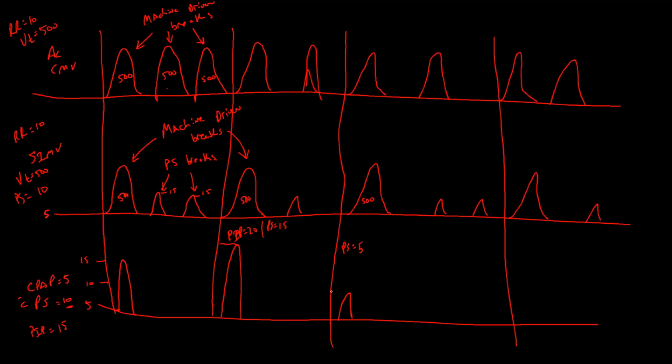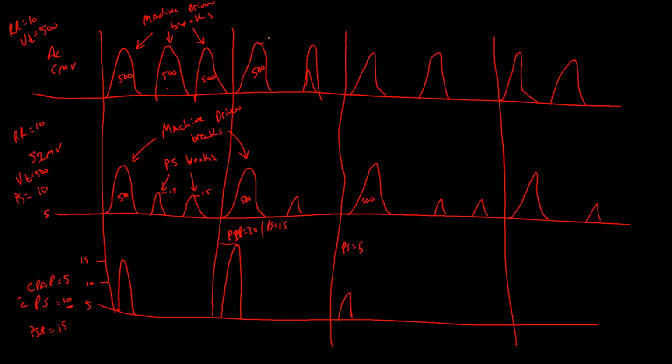Okay, so if I am in assist control, let's work in the second box for a second. I have this set at 500 cc's, right? Yep. Okay, but I can look at the ventilator and see what the peak pressure is, even though I'm not setting it. I can still see what it's achieving.